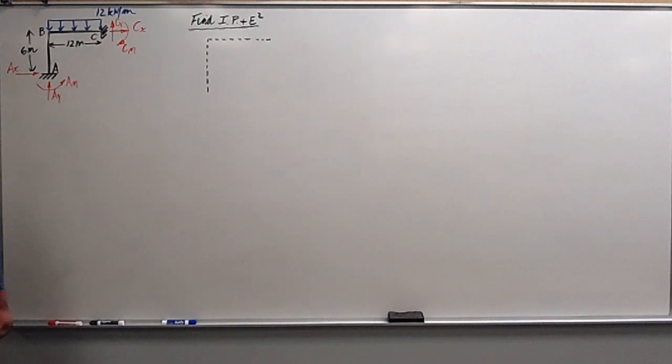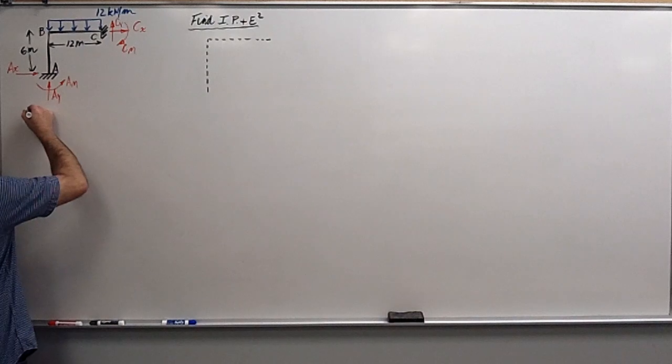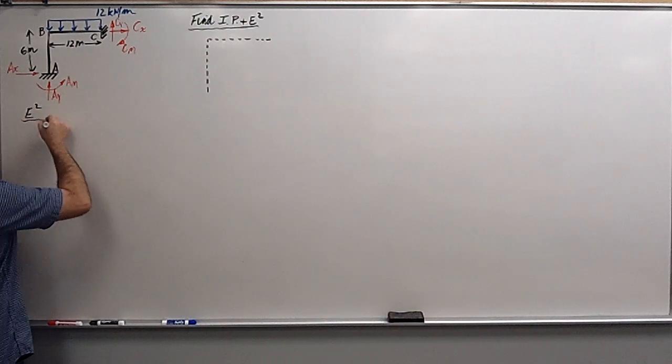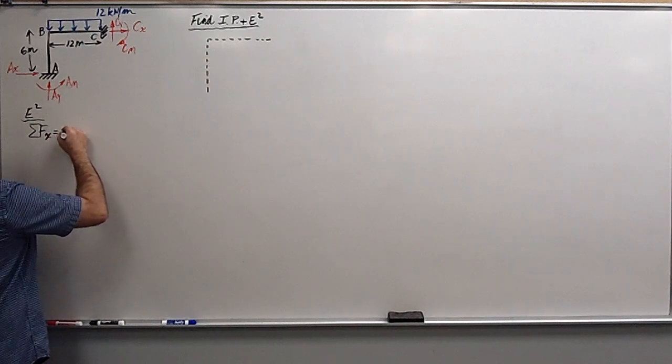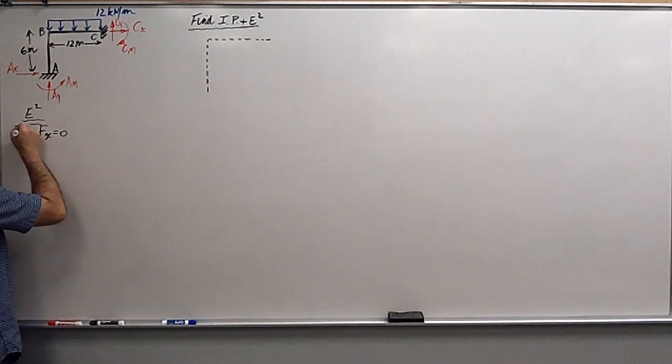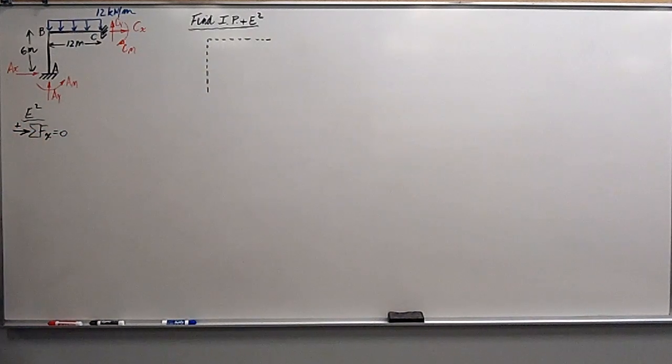At this point then, we're ready to move on to our statics analysis, that is using our equations of equilibrium to see if we can get anything out of this. So, equations of equilibrium, I choose to start with sum of the forces equals 0, where this direction is positive.